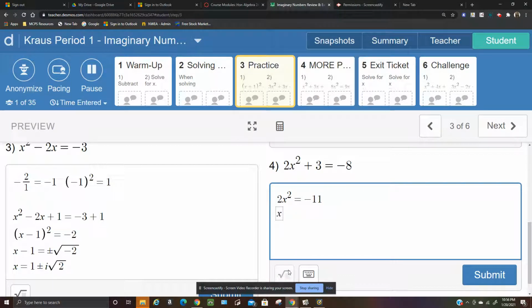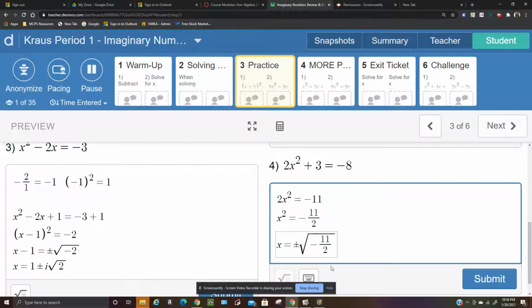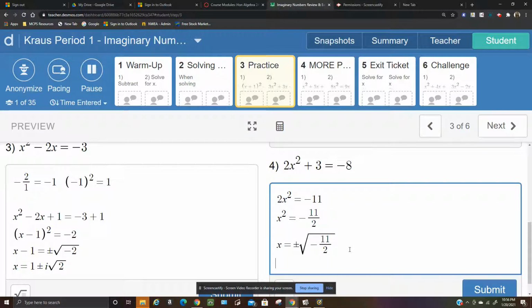So first subtract 3 from both sides and divide by 2. And finally take the square root of both sides. And pull an i out of the radical.